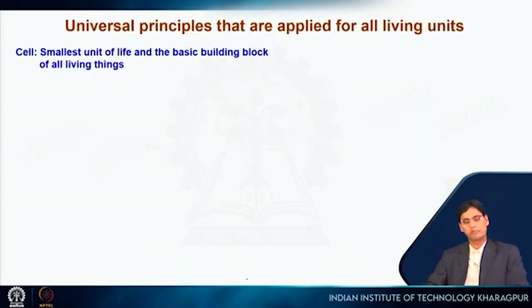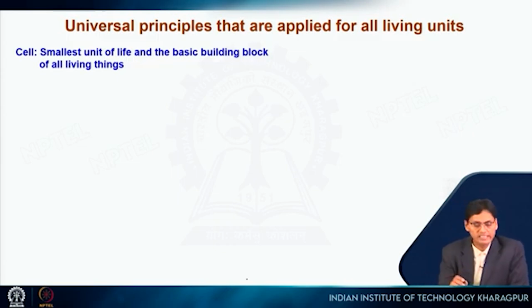Now, I would like to explain the universal principles that apply to all living units. First of all, I already mentioned that cells are the smallest unit of life, and they are the basic building block of all living things. Now why are cells small?